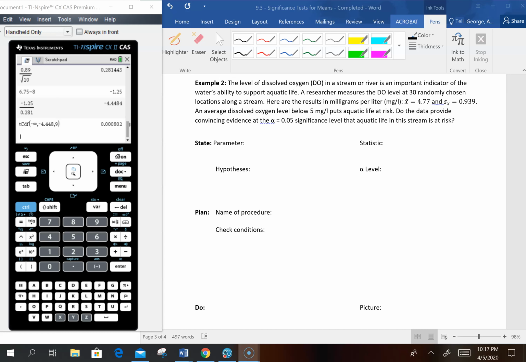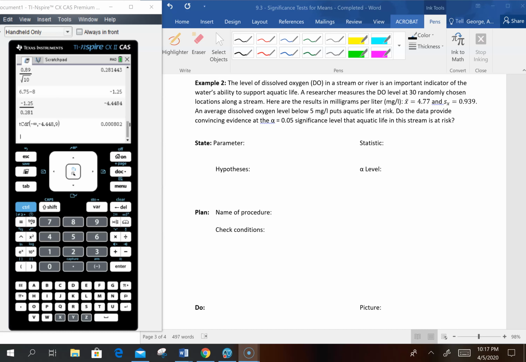All right, so for this example 2, it says the level of dissolved oxygen in a stream or river is an important indicator of the water's ability to support aquatic life. A researcher measures the DO level at 30 randomly chosen locations along a stream. Here are the results in milligrams per liter. The X bar is 4.77 and the standard deviation, or Sx, is 0.939.